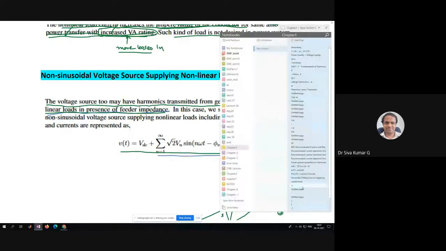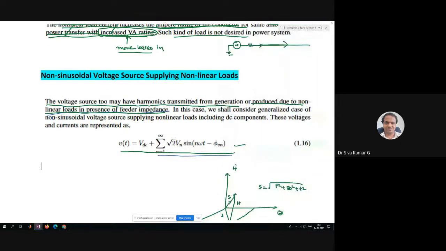Now this is the voltage equation. We are discussing a non-sinusoidal voltage source supplying nonlinear loads.